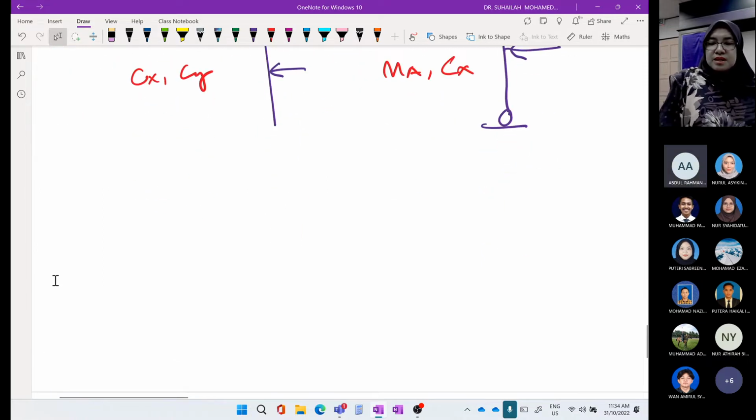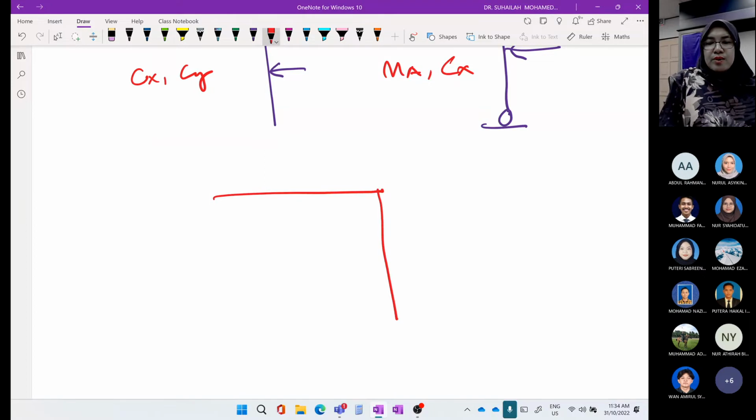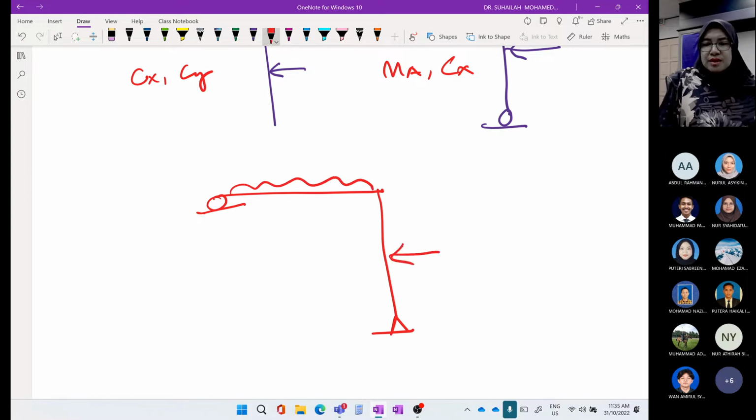Okay, the third possibility is when we remove 2 from A, we remain pin at C. Remain external loading. We remove 2 from fixed.